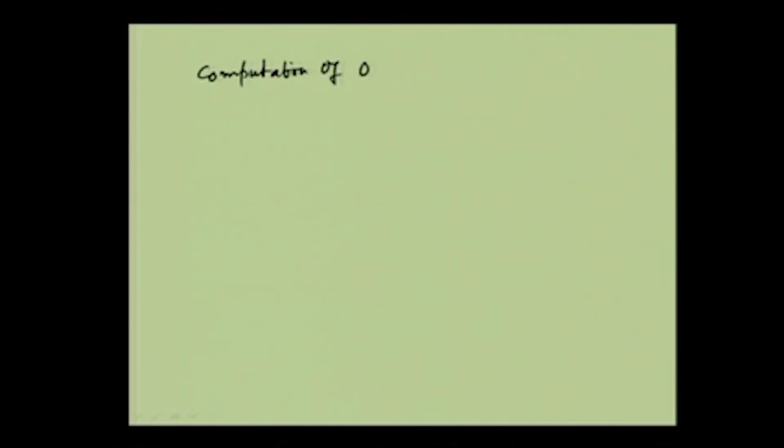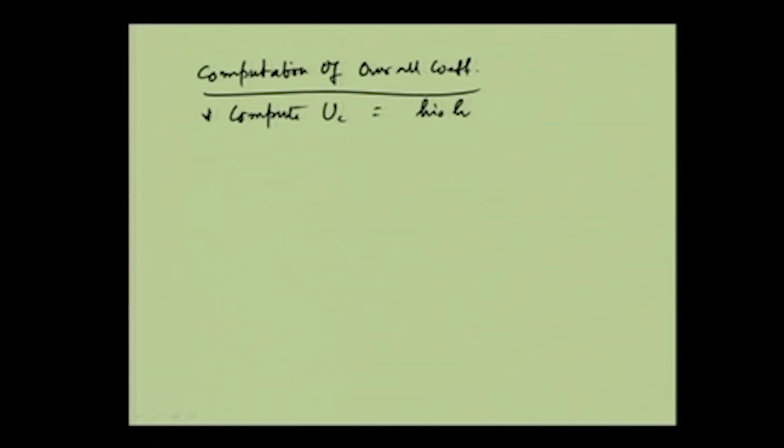So compute Uc, and that is equal to hio ho by hio plus ho, and then compute Ud, from 1 by Ud is equal to 1 by Uc plus Rd, already we have discussed, this is the dirt factor.